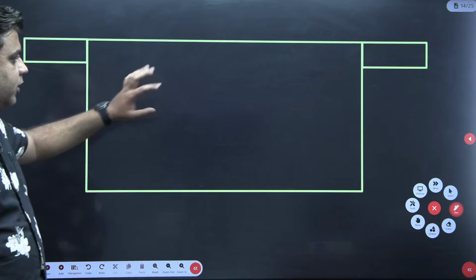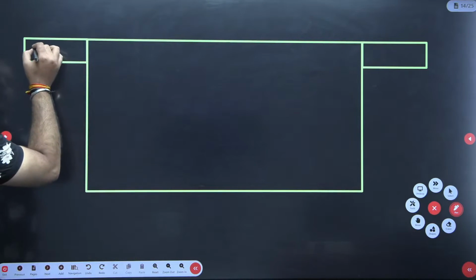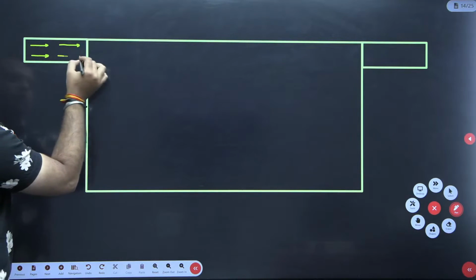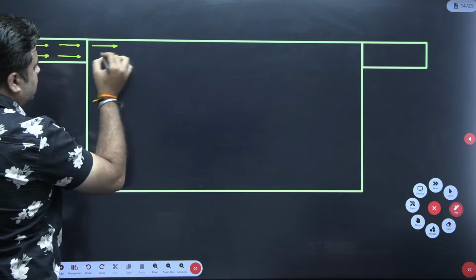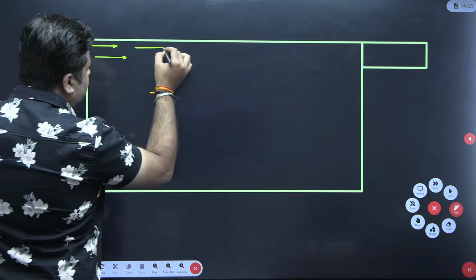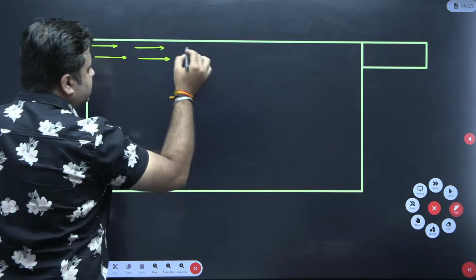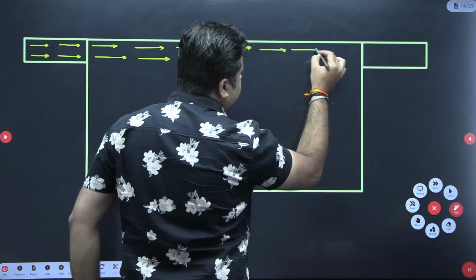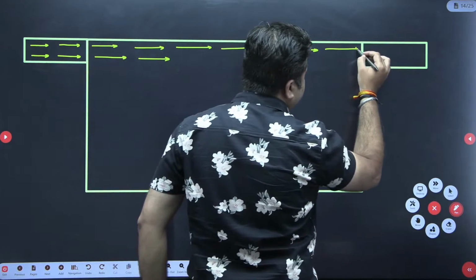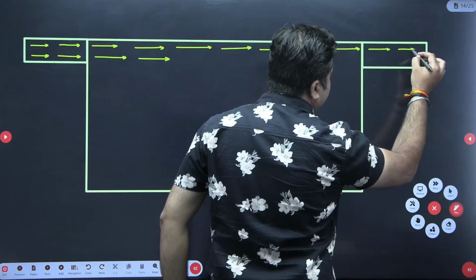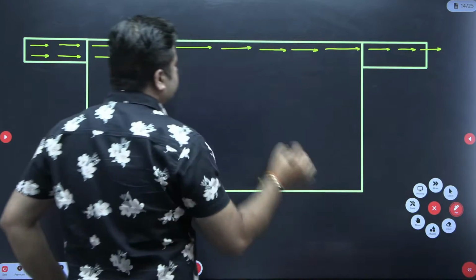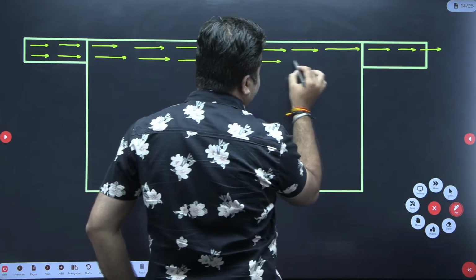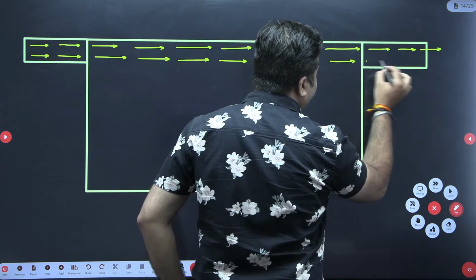One tank I have drawn in front of you. The water is entering into the tank like this. It is flowing like this, and it will flow out like this.